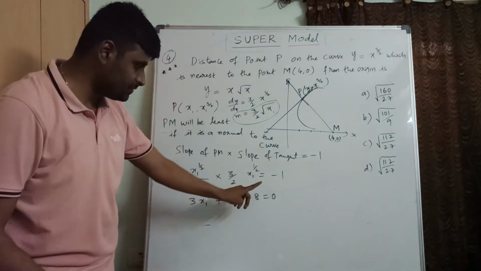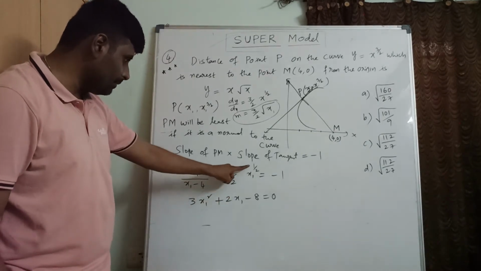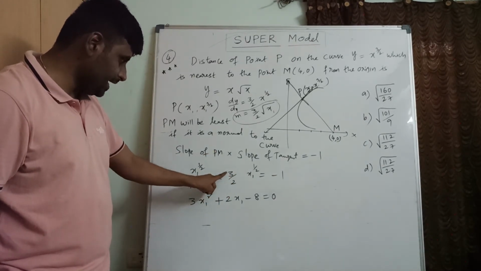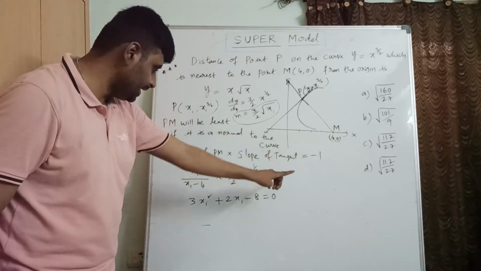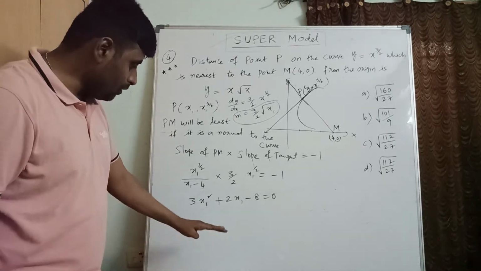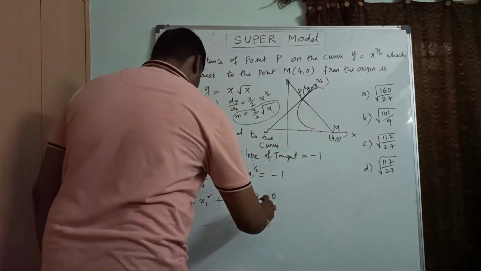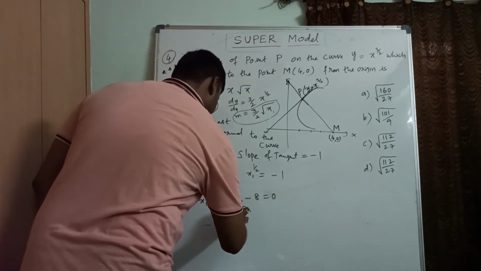Just simplify this, it's not difficult, right? So x1 power 1 by 2 times x1 power 3 by 2 is x1 power 4 by 2, x1 square. So 3 x1 square, now 2 multiplied and sent to that side. So we'll get a quadratic equation in x1. What are the roots for this? x1 equals 4 by 3 I can get.